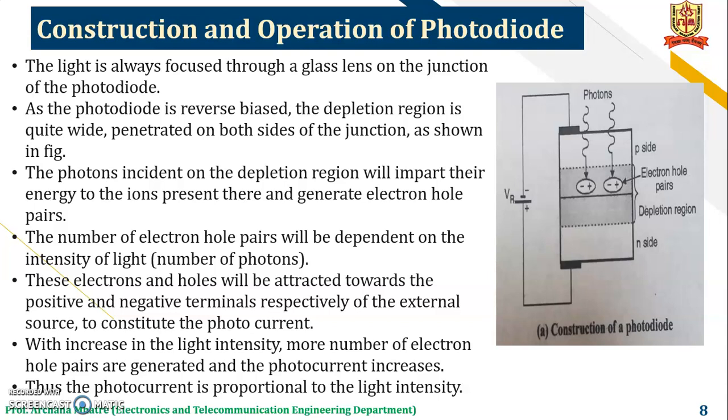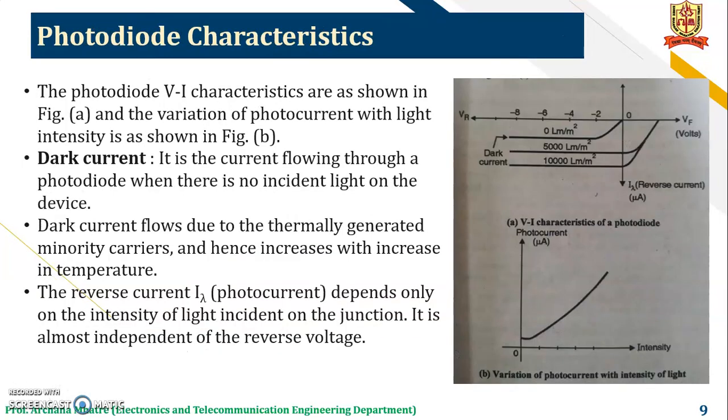Thus, the photocurrent is proportional to the light intensity. Now, photodiode characteristics. The photodiode characteristics are as shown in figure A, and the variation of photocurrent with light intensity is as shown in figure B.